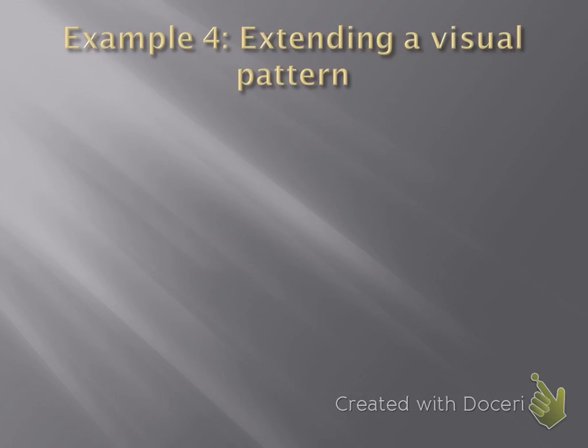So we start off with a yellow carnation, 2 orchids, red carnation, 2 orchids, yellow carnation. So what do you think would come after the red carnation? Y'all just tell me. It's going to be 2 orchids.